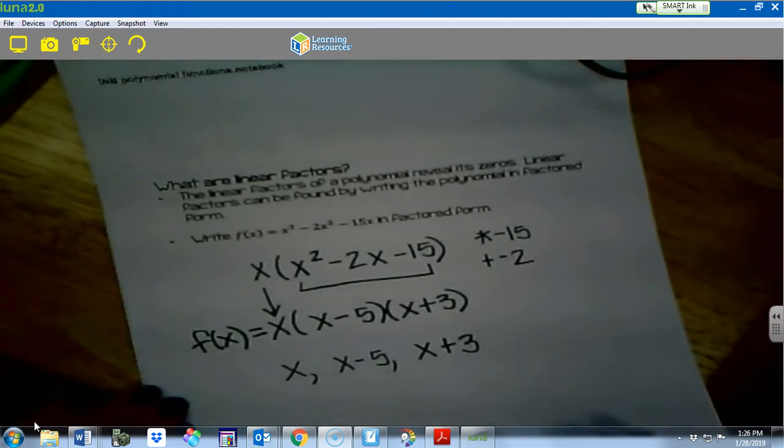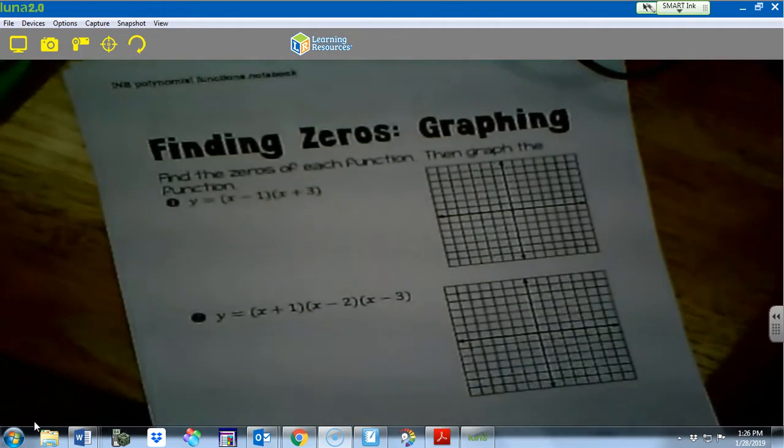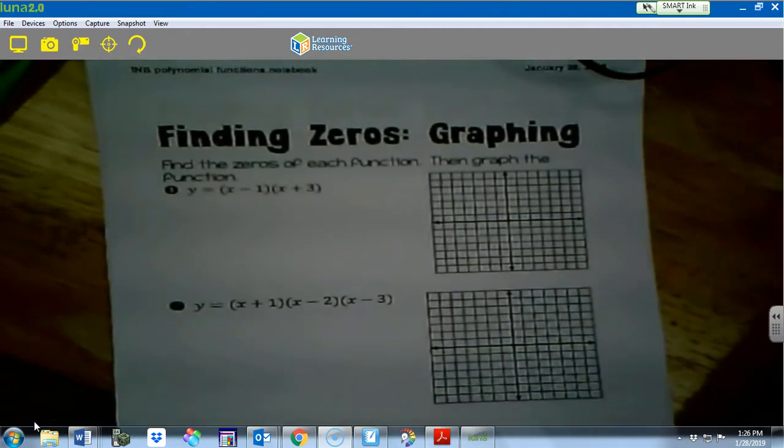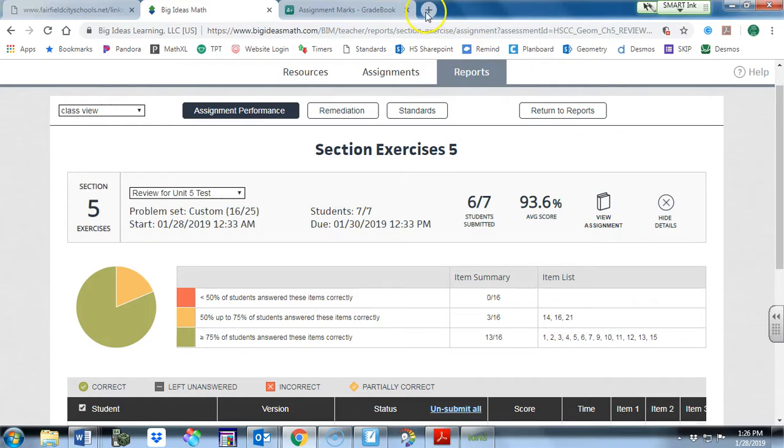So let's go back to this idea of what the zeros look like on a graph. I'm going to take a look at Desmos here. Oops, wrong Desmos. Hold on just a moment.